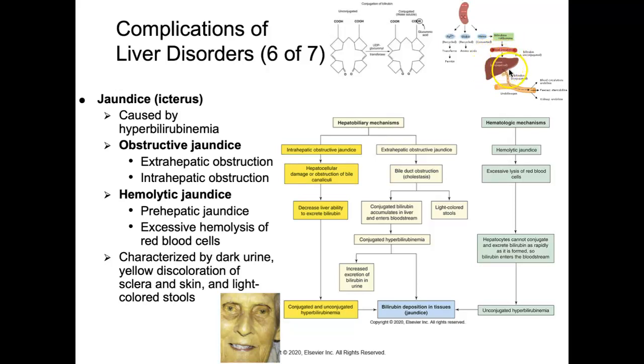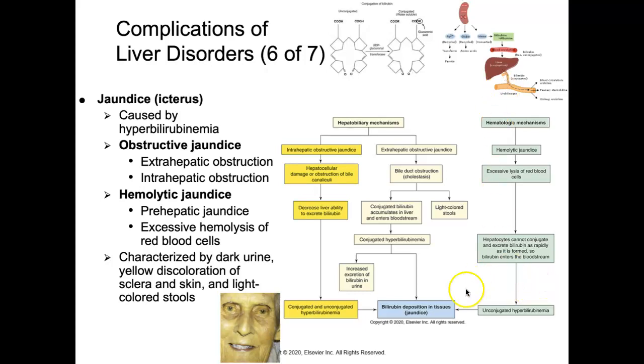And after the liver processes it, we get conjugated bilirubin, and it's really just going to be this little change over here, but then we are able to put it within our bile, sending it over to our duodenum, and then it makes its way into our circulation once again.